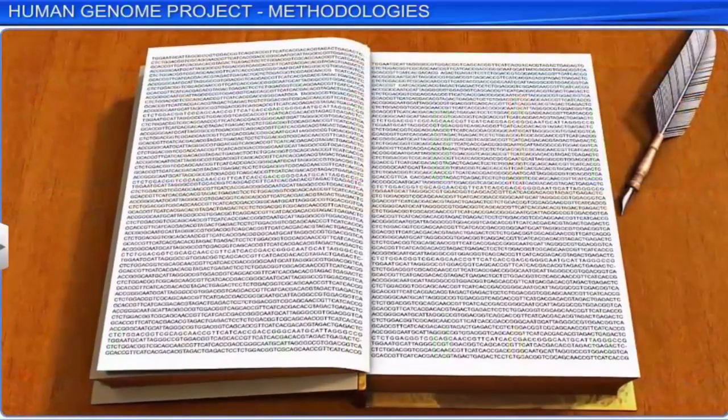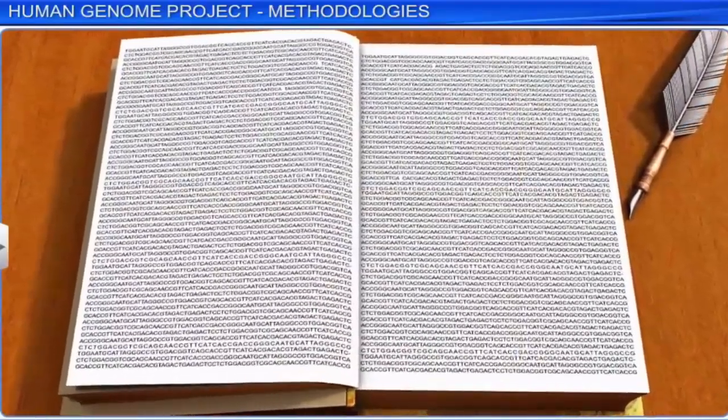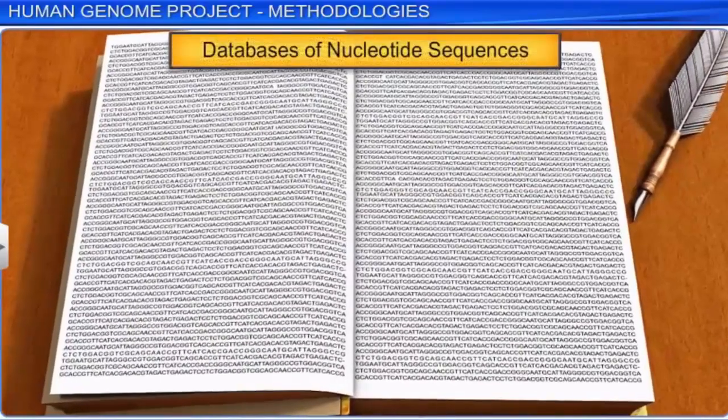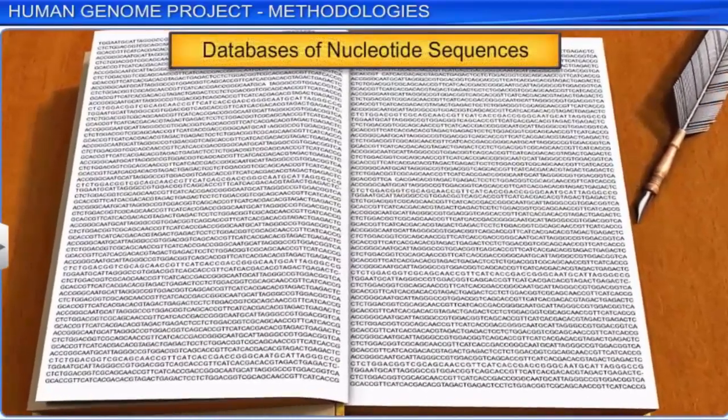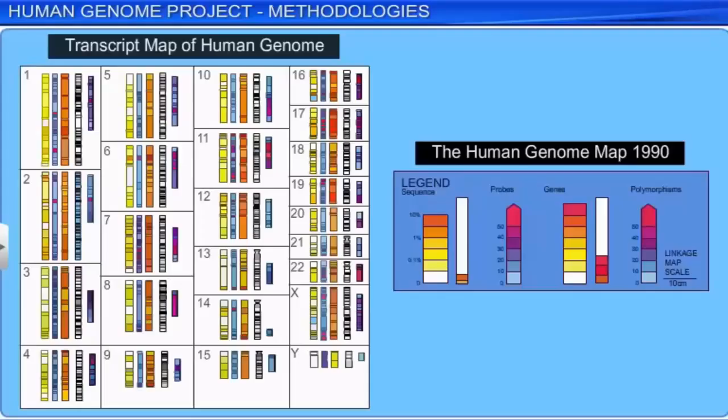Actually, EST is the term for all genes that express as RNA. With EST, numerous databases of nucleotide sequences have been made available. It has facilitated the construction of the preliminary transcript map of a human genome.